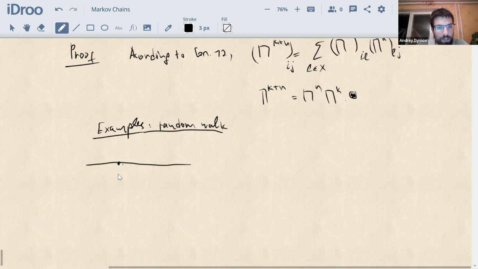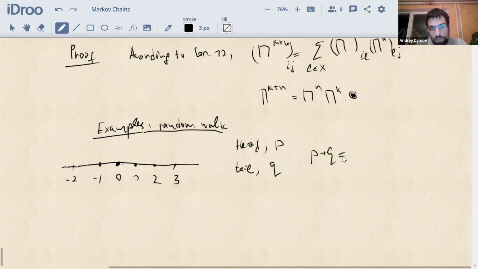Let us consider the integer numbers: 0, 1, minus 1, minus 2, 2, 3, and so on. We are sitting at some number, say at 0. Then we toss a coin. We have head with probability p, and tail with probability q. So p plus q equals 1.